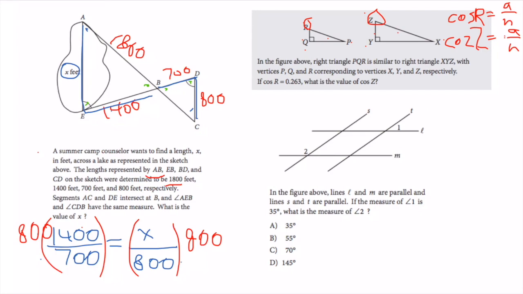So instead of being, say, 1 over 2, it was 2 over 4, but it's the same thing. So the cos of Z is still 0.263. If all the side lengths have the same ratio, then their corresponding SOHCAHTOA would be the same thing. So the sine of P over here is the same as sine of X.